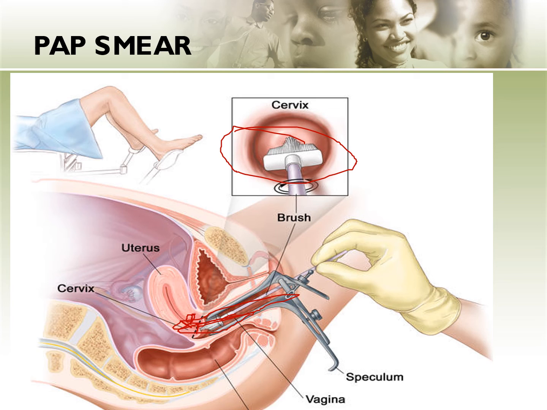Then let's go to stage 2. Stage 2 cervical cancer has spread beyond the cervix to the tissue around the uterus. So this means that this one has gone inside the uterus. Remember that the cervix is the opening between the vagina and the uterus. Remember, the uterus is where the baby develops.